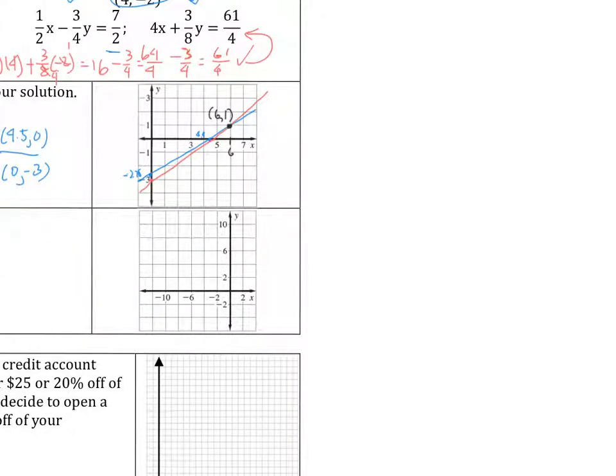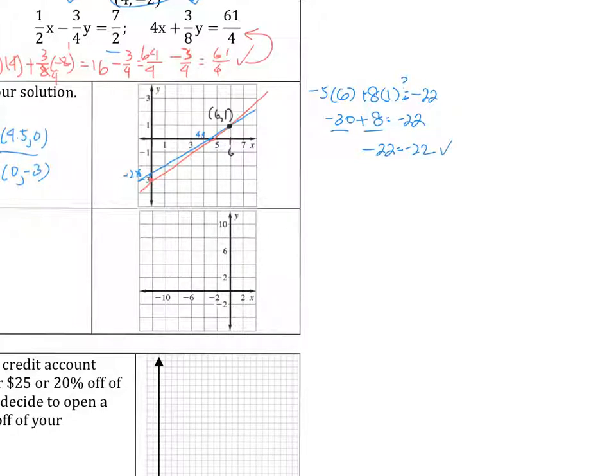So I'm going to take the first equation, negative 5 times, substituting 6 in for x, plus 8 times 1. And we have to find out if it equals negative 22. Negative 30 plus 8 is negative 22.